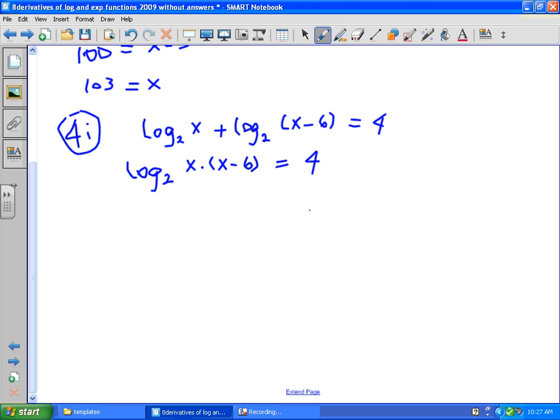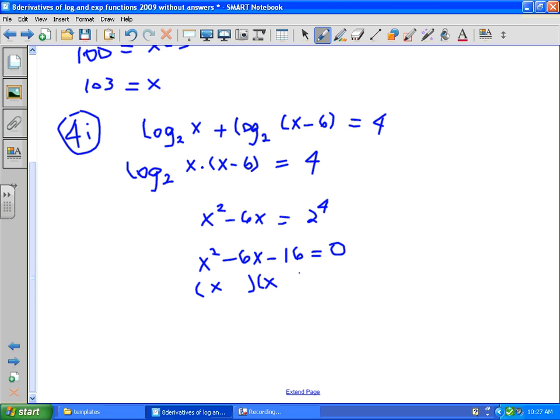2 to the power of 4 is equal to what? X times x minus 6, which I'm going to write as x squared minus 6x. So it looks like we're getting 2 to the 4, 16. Can we factor this?